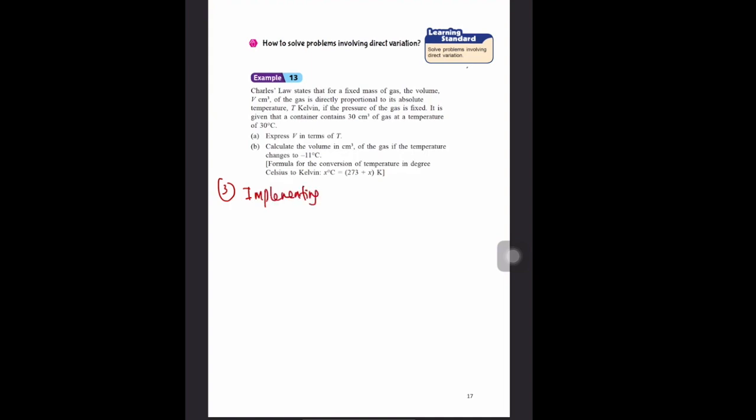We know that V is directly proportional to T, so V is equal to kT, where T is actually 273 plus x.